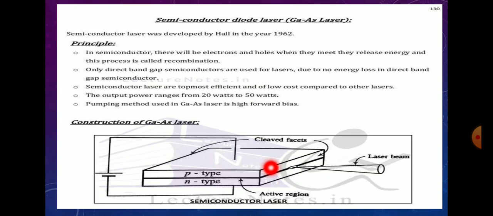The internal surfaces of the junction are polished like a mirror. One side is rough to prevent laser action in the diode cavity. One side is highly polished and the other side is highly reflecting. The laser beam is emitted from the side.